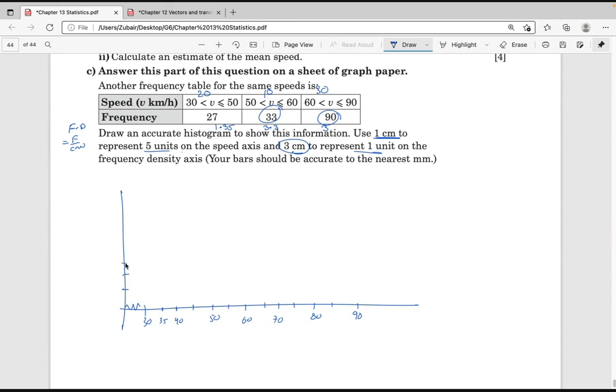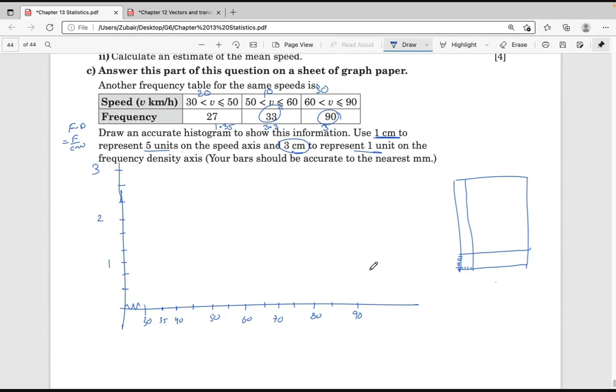So one, two, three. That's a good spread. Your bars should be accurate to the nearest millimeter. In the exam you will have a grid with 1 centimeter by 1 centimeter boxes, and you will be given 10 small boxes in these. So you have to be accurate to one small box, which is very easy to manage.